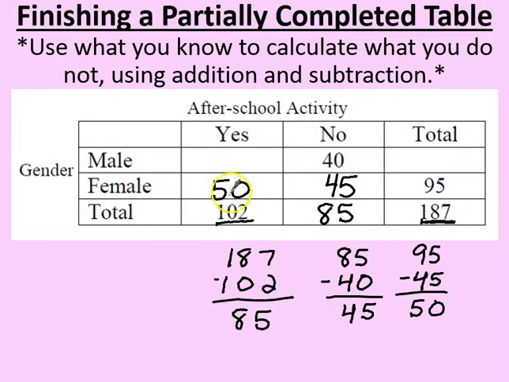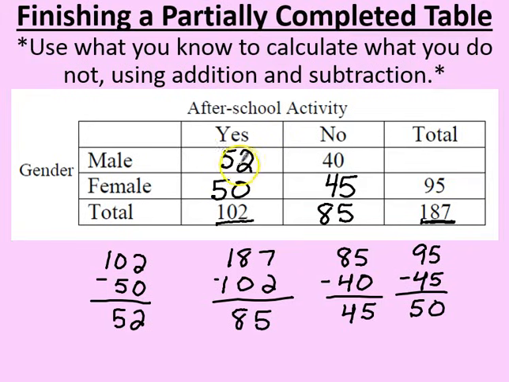Now let's build from here. If there were 102 who said yes overall, and 50 of them were girls, how many of them were boys? We'll take 102, take away 50, and you get 52. That means that 52 boys said that they do after-school activities. Now we can add this row to figure out how many boys were questioned altogether.